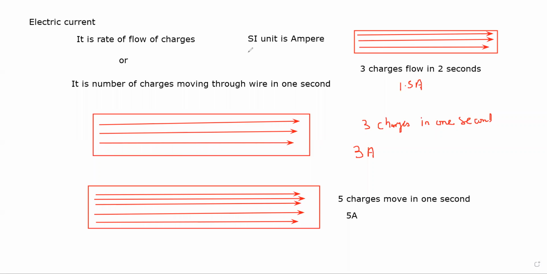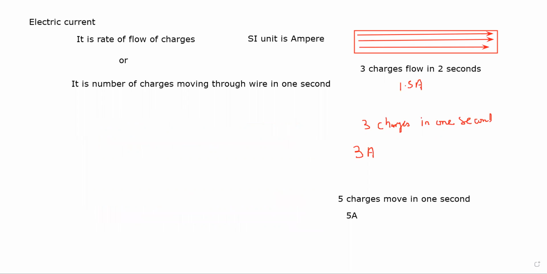So rate of flow of the charges, or the number of charges moving through a wire in 1 second. If you want to calculate a current, what is the formula? Current is calculated by the formula charge divided by time.